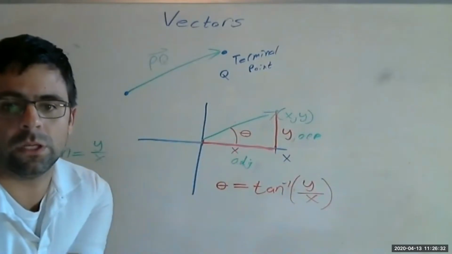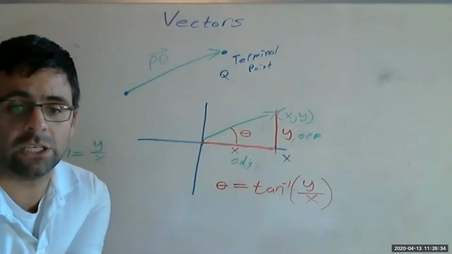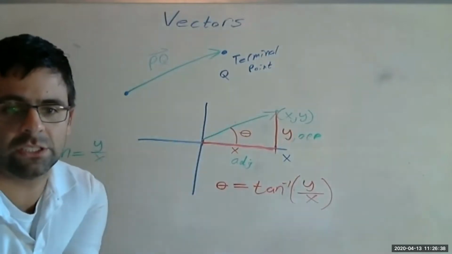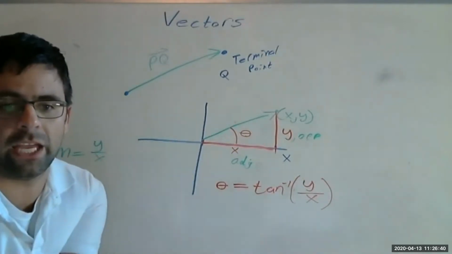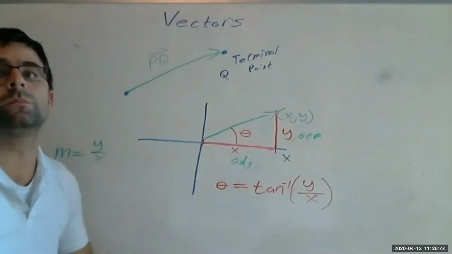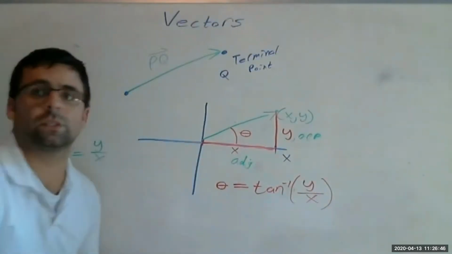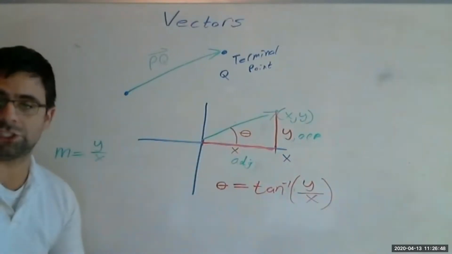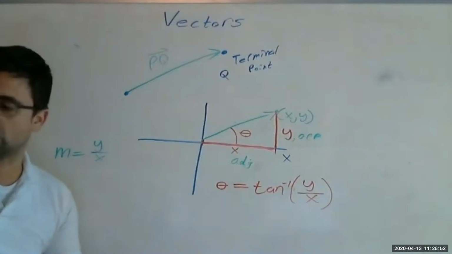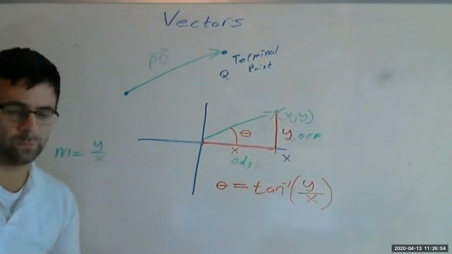So it is essentially the inverse tangent of a slope. So the direction, which is this angle, is the inverse tangent of the slope.